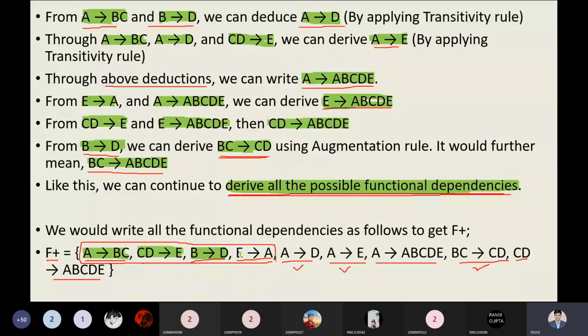And E determinant to E, we have already given in the question, so we have to take these four given FDs as a part of the F closure. But the other ones we have to write here because these are calculated, computed FDs. So this is A determinant to D, A determinant to E, and A determinant to A, B, C, D. Okay. So BC determinant to CD, and CD determinant to E as well. We have the A, B, C, D here.